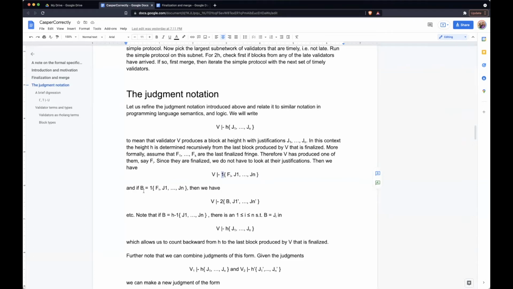If we set B equal to that block, then we would have V. An informal reading of the turnstile is "thinks that". So we would have V thinks that, or another one would be "produces": V produces this block at height 2 with these justifications.